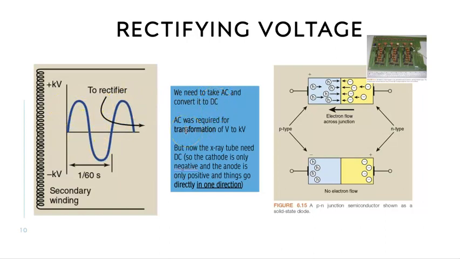While AC was required for transformation of voltage to kilovoltage, now we need direct current so that the cathode is only negative, the anode is only positive, and our electrons go in one direction only, from cathode to anode. What helps us do this are rectifiers, or solid-state diodes.